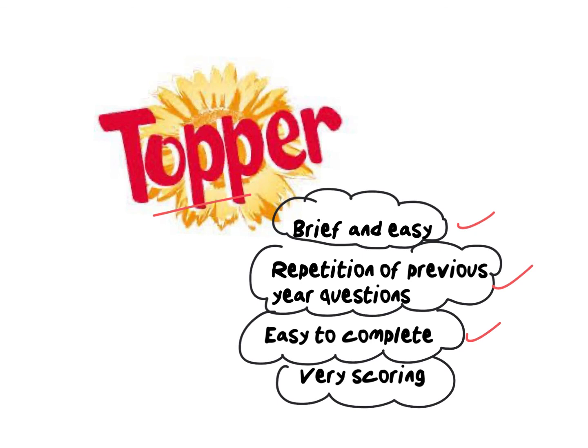It is not that tough, and I think there is no person on this planet who cannot understand anthropology. It is not a technical subject where you have to do brainstorming and all. So each and every person can understand anthropology. Moreover, it is very high scoring. That's why many of the toppers choose this as their optional.